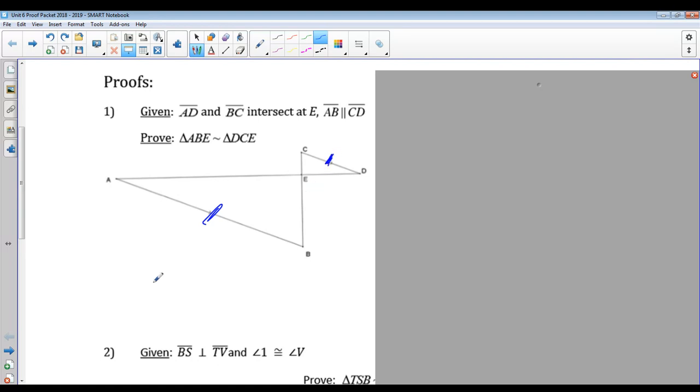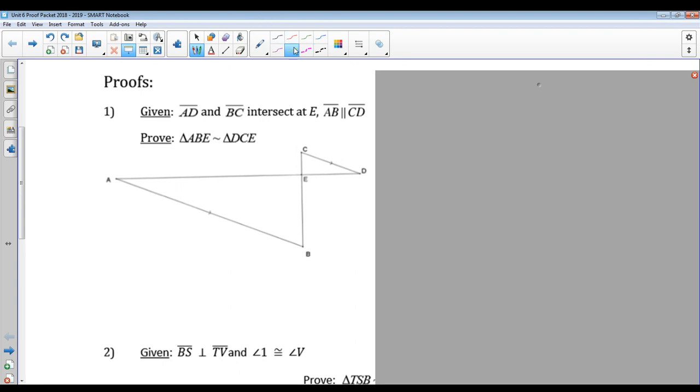But looking at the picture, that's obviously not true. Parallel lines are not necessarily congruent. That's a very different thing. When it says they're parallel, all it means is that they're parallel. It doesn't mean that they're congruent. It doesn't mean that they're equal. It only means that they're parallel.